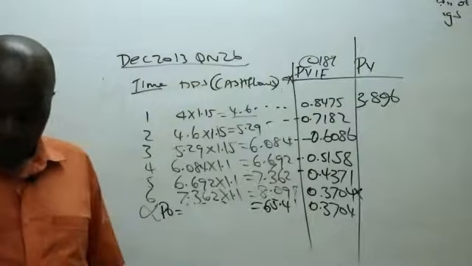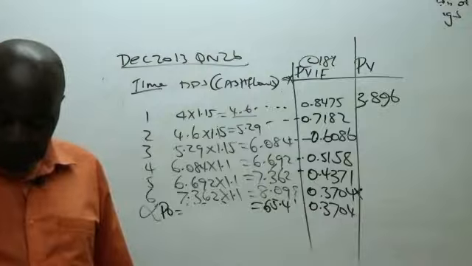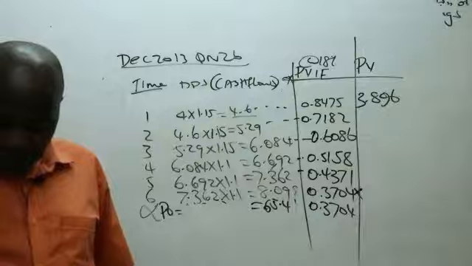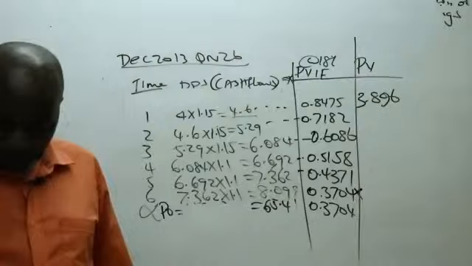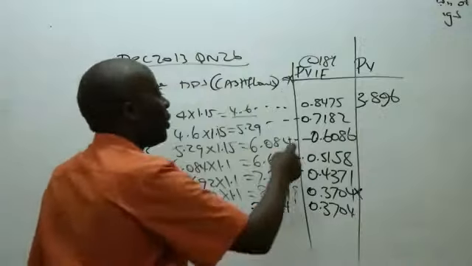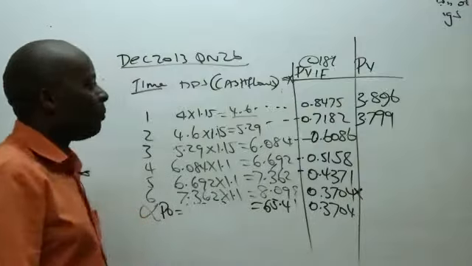Somebody. I'm being given 3.799, 3.799 here. Let's go to the third present value.